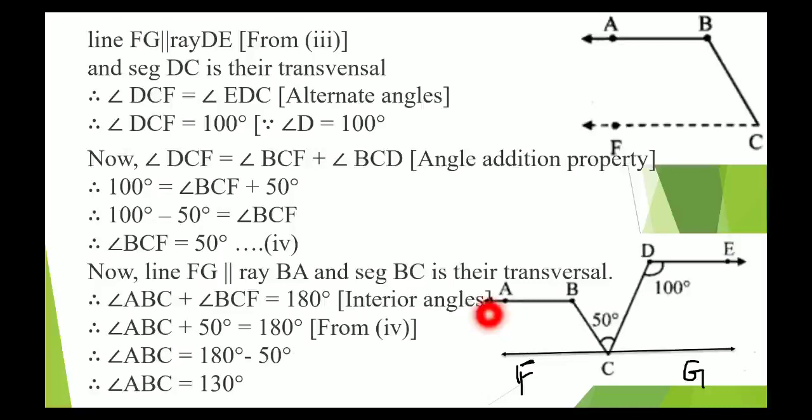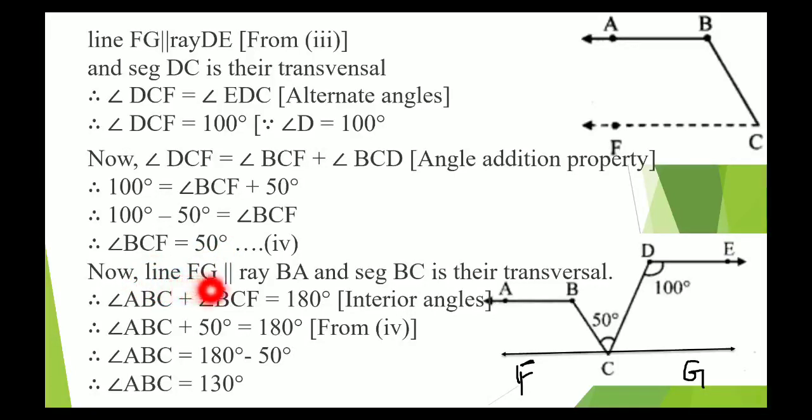So I'm going to do angle addition of these two angles. DCF is equal to 100, BCF value I don't know, BCD is equal to 50 degrees. So when I bring the 50 to the left hand side, 100 minus 50 is equal to 50 degrees. So angle BCF is equal to 50 degrees.